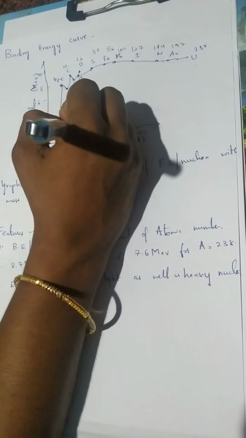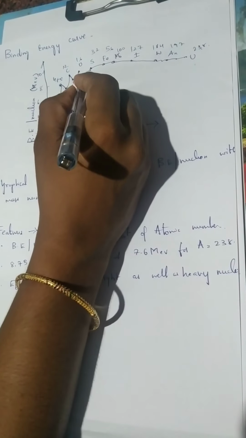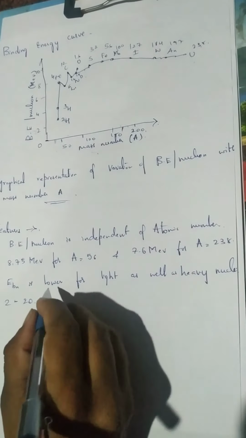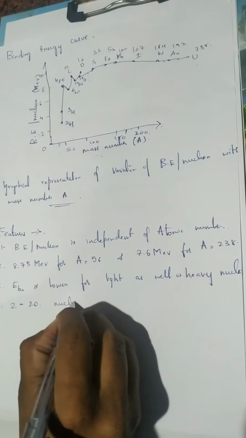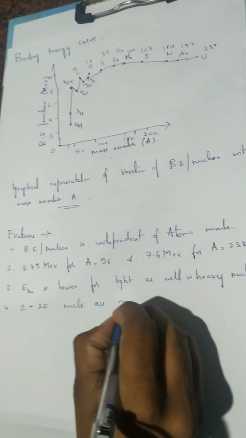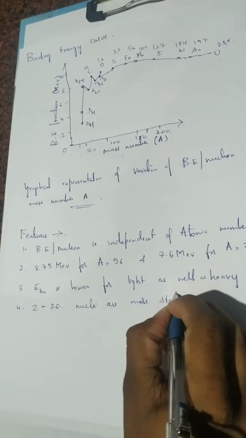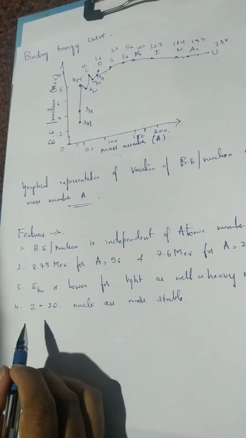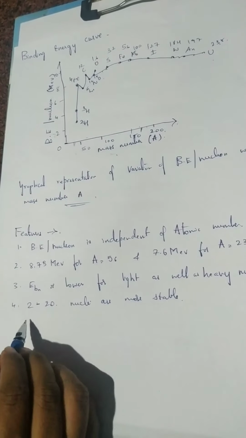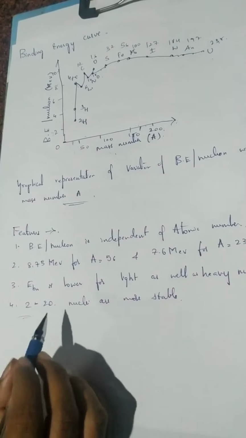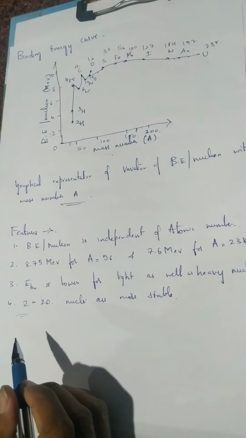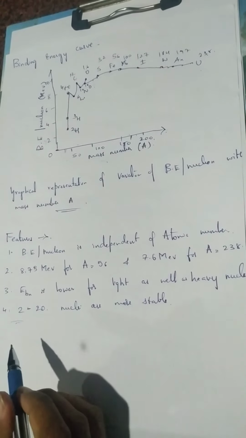So from 2 to 20, nuclei are more stable than the other nuclei in their neighborhood. These are the features of the binding energy curve. Go through the textbook so that you can understand. It is very easy to understand. Just by reading you can understand this.